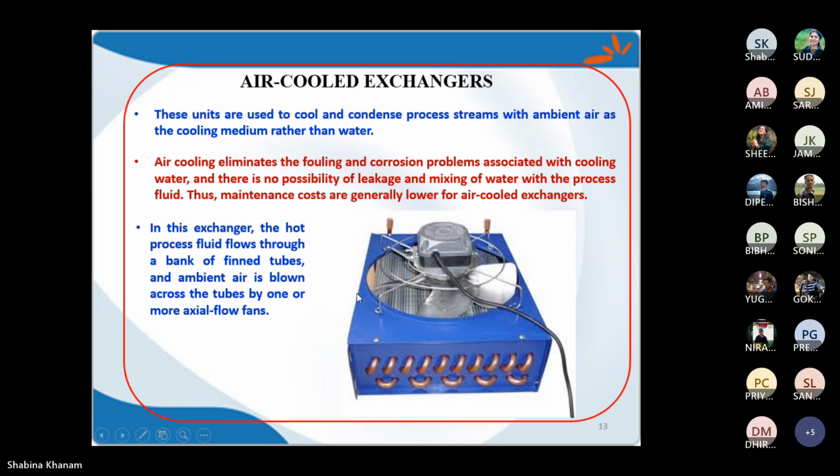In this heat exchanger, the hot process fluid flows through this tube bank of finned tubes. Above the tubes we have fins, but inside the tube there is no fin. Ambient air flows through these fins, and it is blown across the tube by one or more axial flow fans, as you can see over here.